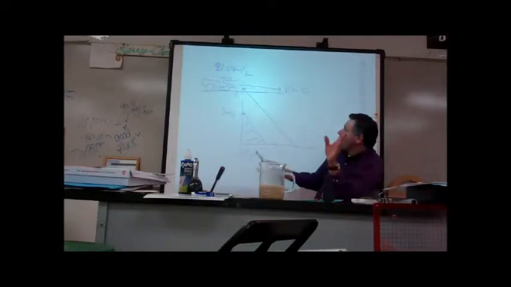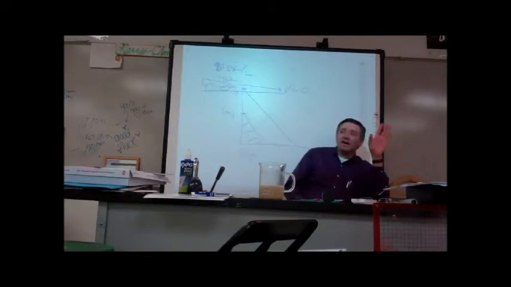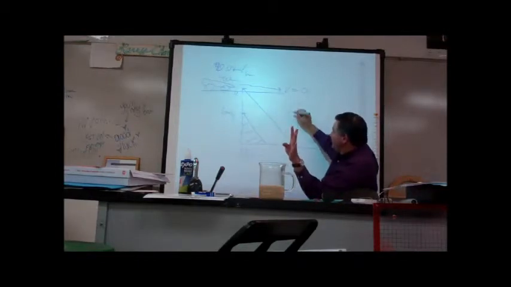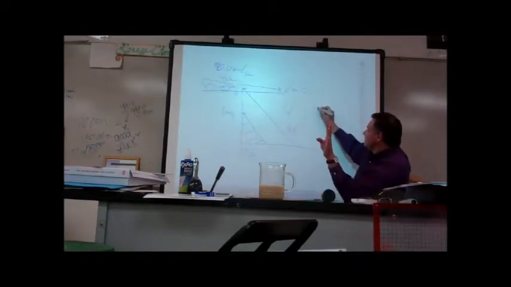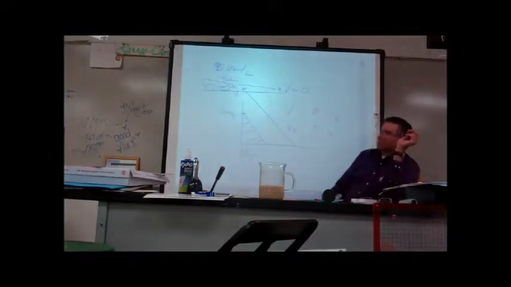So, what are you missing out of this deal? What do you not have? Time. Because if you think about every problem, you only have 5 possible variables to worry about: V naught, V, acceleration, time, and distance.